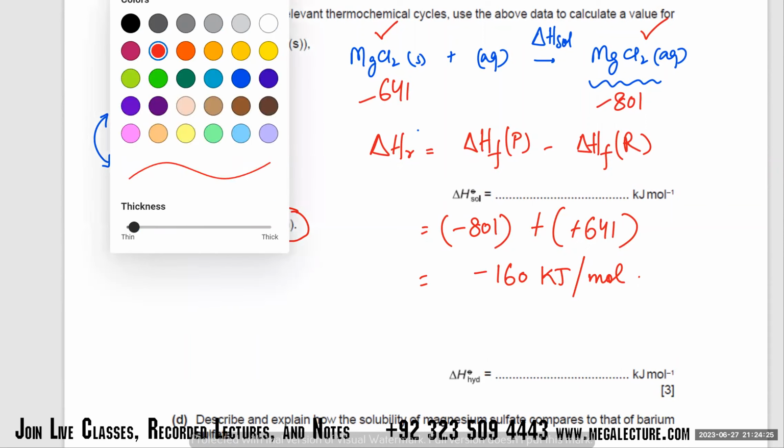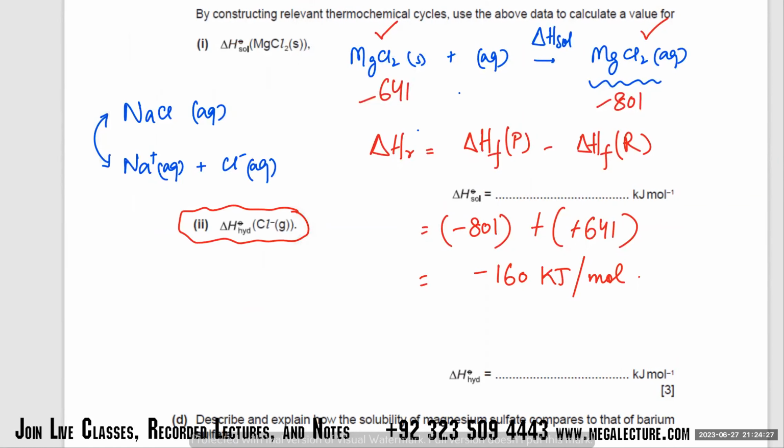Since I have the solution enthalpy change, now I'm going to construct that solution Hess cycle, MgCl2 solid plus aqueous. What is formed?